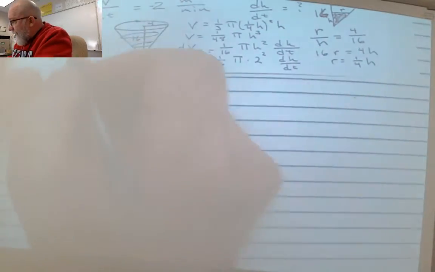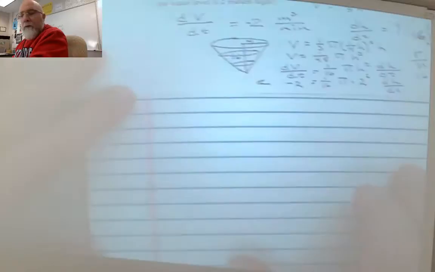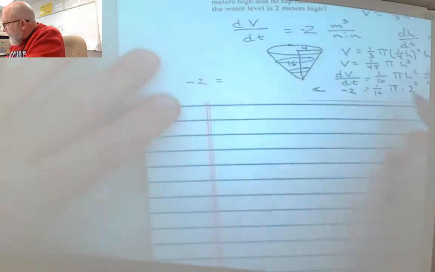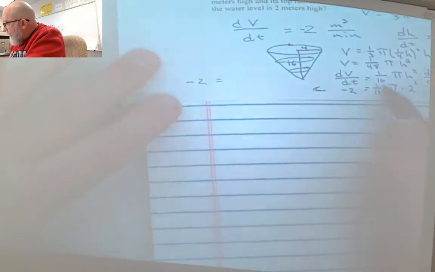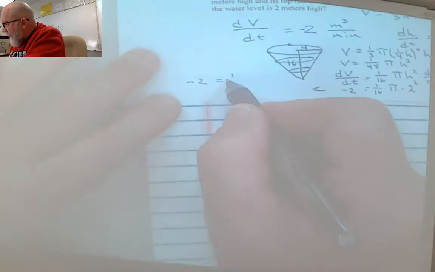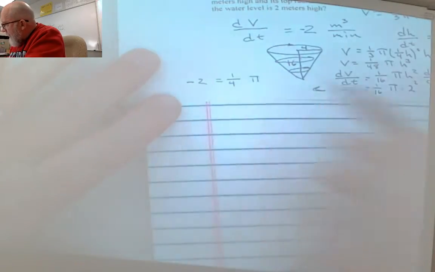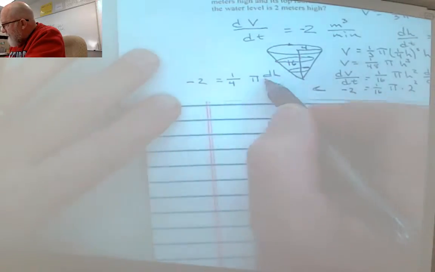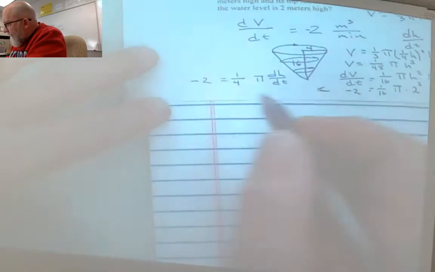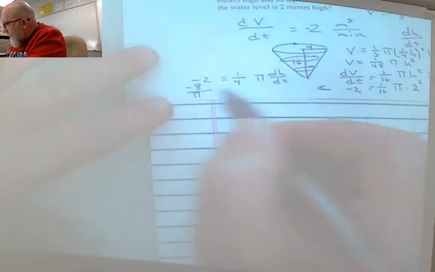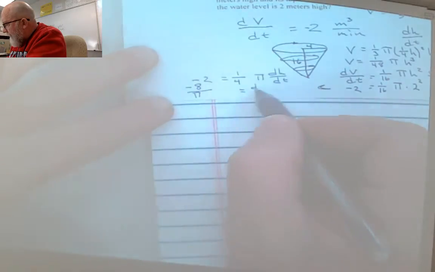So that means I'm going to draw it over here and give myself some more room. So I got negative 2 equals, this is 4. 4 over 16 is 1/4. Am I correct? 1/4 pi dh dt. So I'll get a negative 8 over pi equals dh dt.